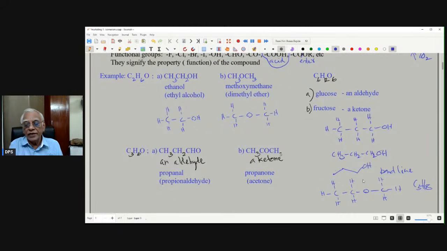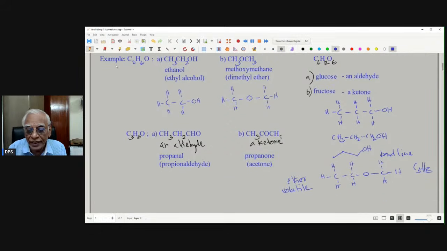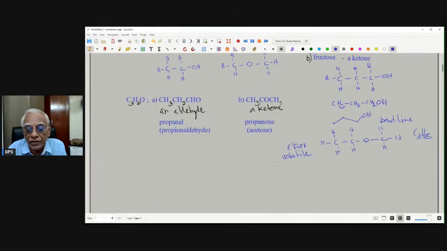And they are ultimately different. This is called an ether. The characteristic property of an ether is that they are all highly volatile compounds. Which compounds in organic chemistry are volatile? The ones which have a very weak intermolecular force of attraction.